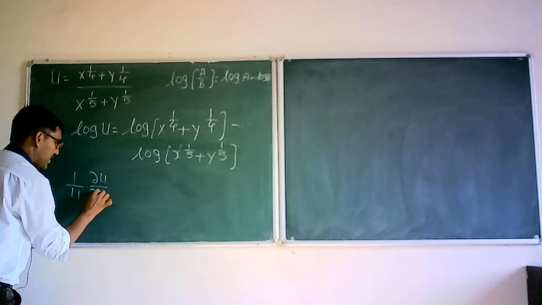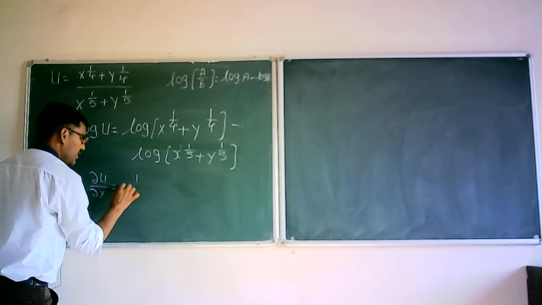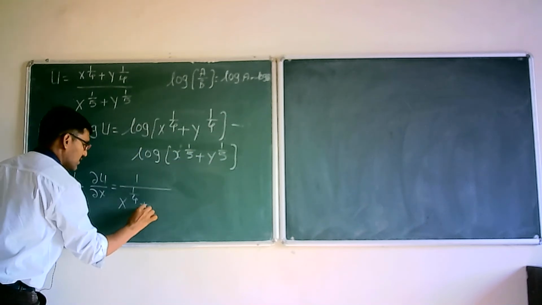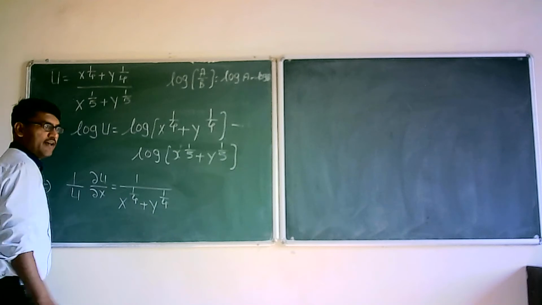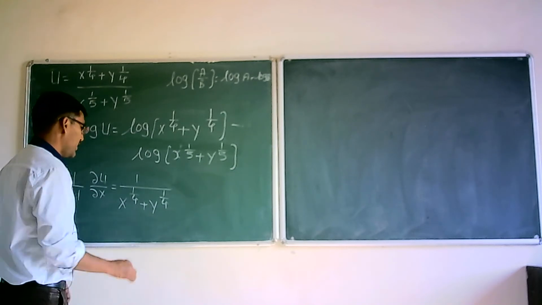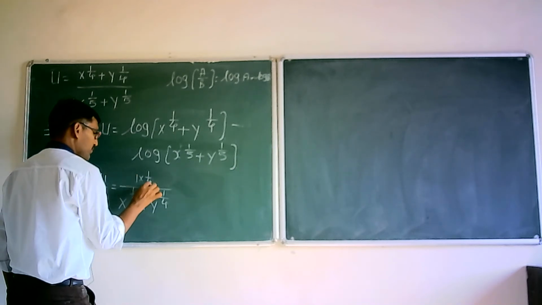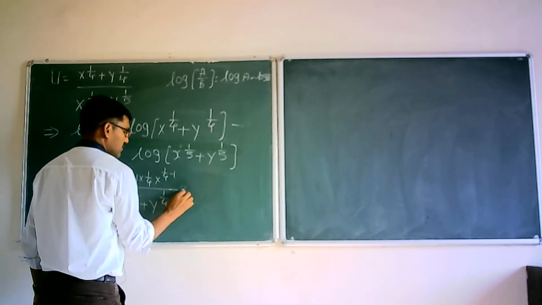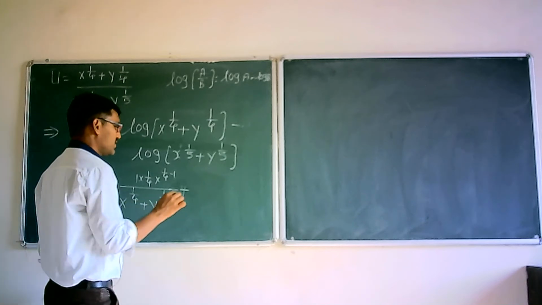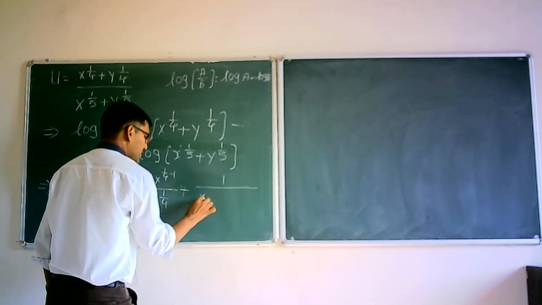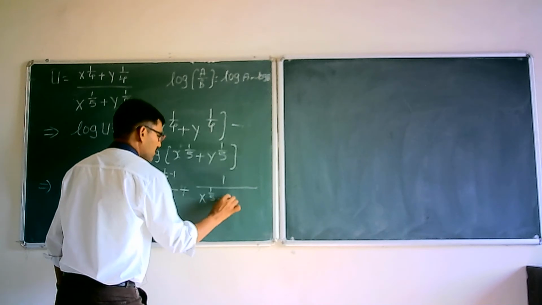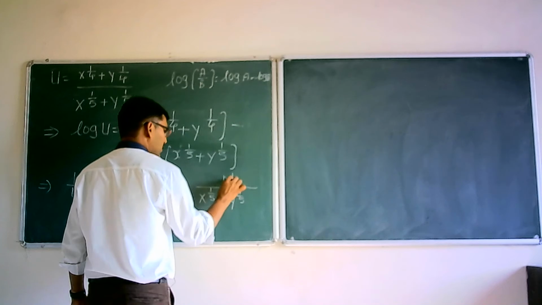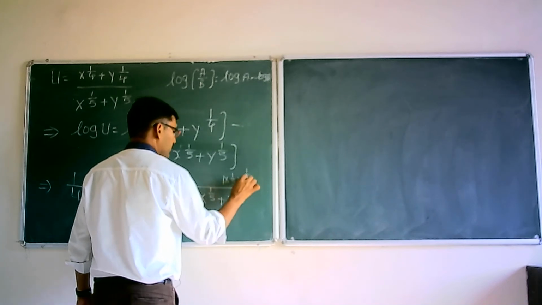So it is again, del u by del x is equal to 1 divided by x raised to 1 by 4 plus y raised to 1 by 4, and again the derivative of this term with respect to x is 1 by 4 x raised to 1 by 4 minus 1, minus the derivative of this term with respect to x, 1 divided by x raised to 1 by 5 plus y raised to 1 by 5, and again the derivative of this term with respect to x is 1 by 5 x raised to 1 by 5 minus 1.